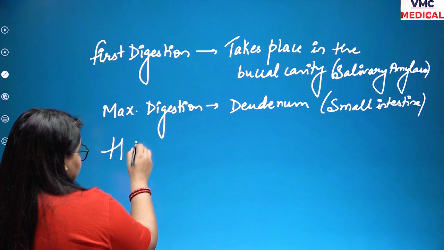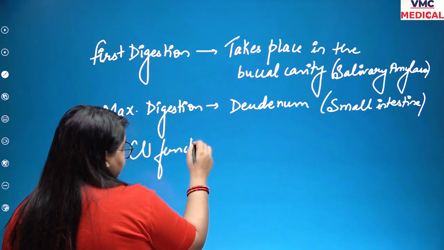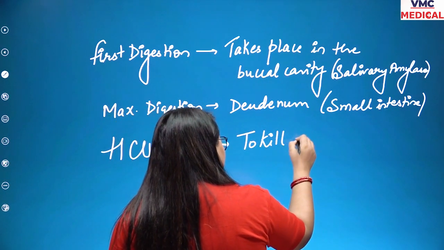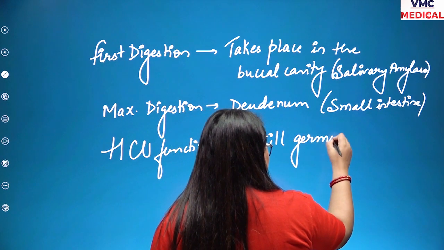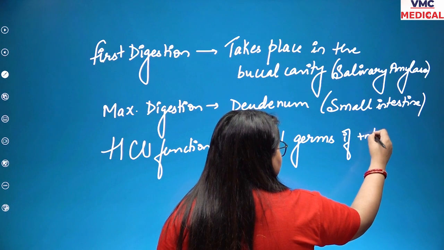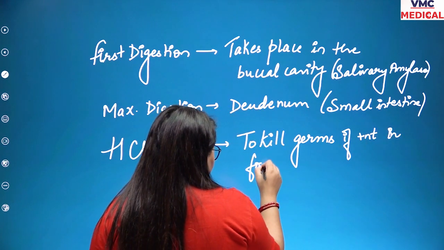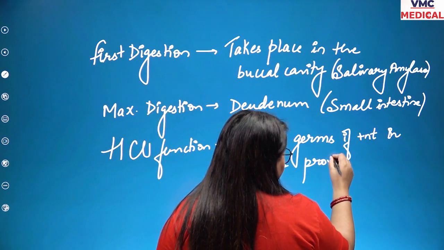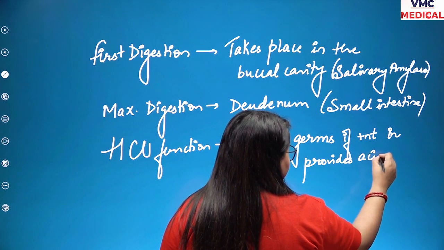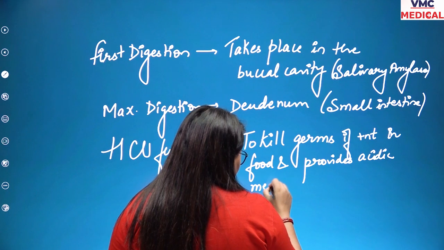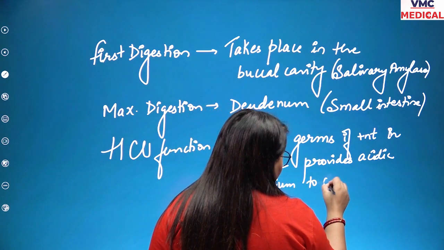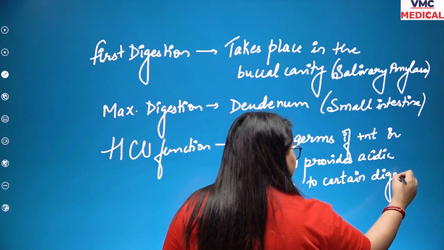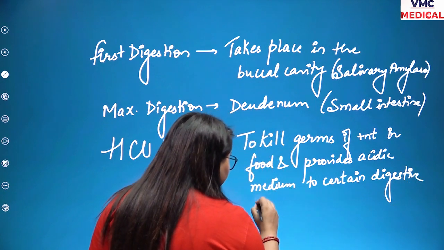Why there is this presence of HCl? To kill germs if present in food and provides acidic medium to certain digestive enzymes. ठीक है?